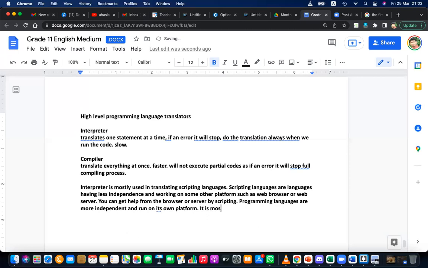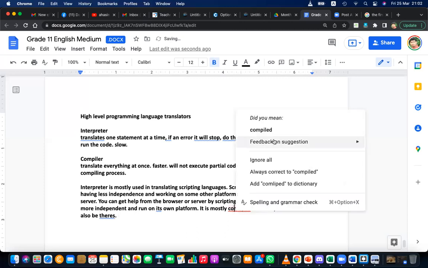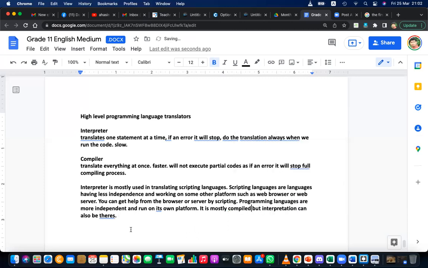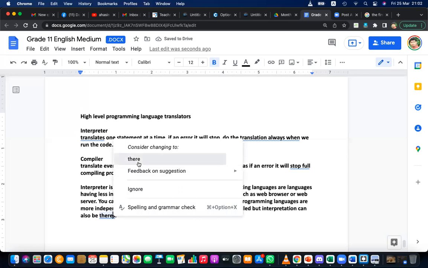They are mostly compiled, but interpretation can also be there. Mostly compiled, but there can be interpretation too. Java-like languages are interpreted and compiled.